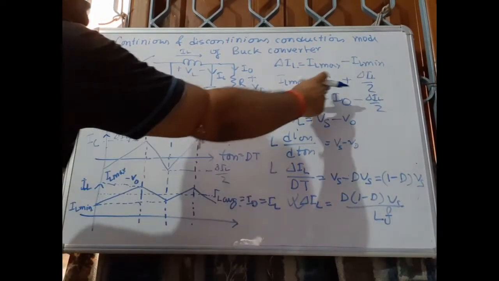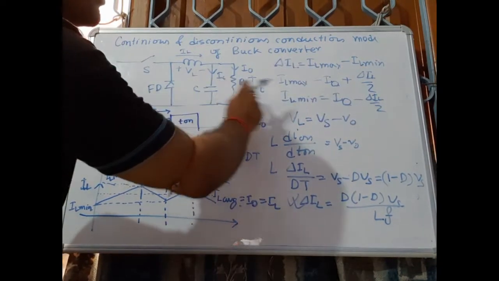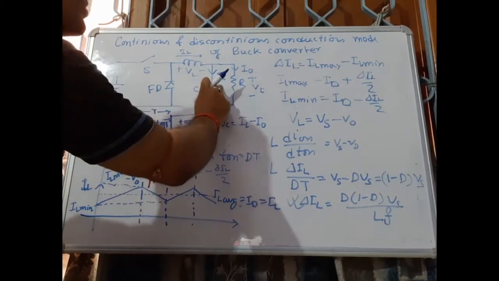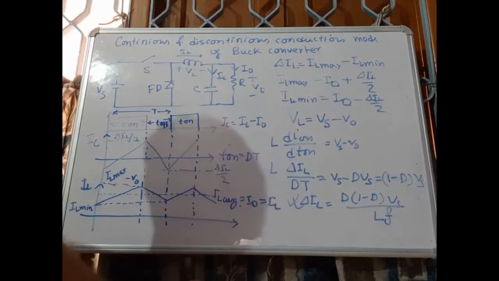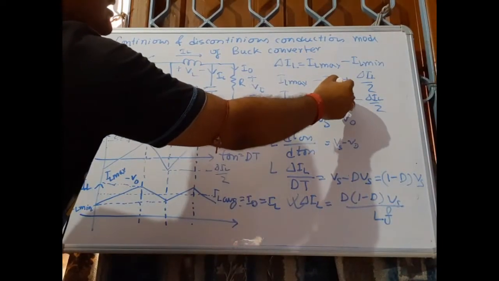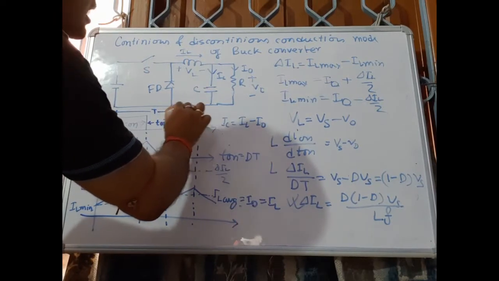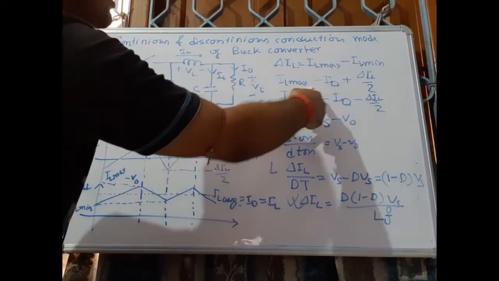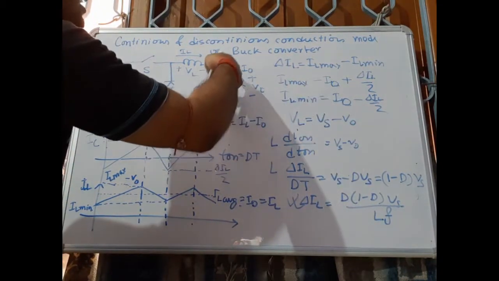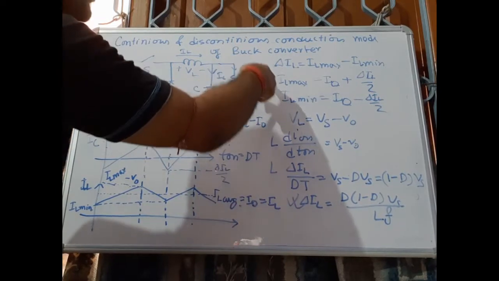Now when I consider IL equals I0, we consider that IC is equal to 0. So if IC is not equal to 0, the whole inductor current is flowing through the capacitor, and the total load current will be 0.